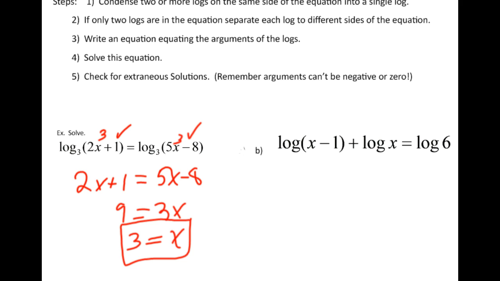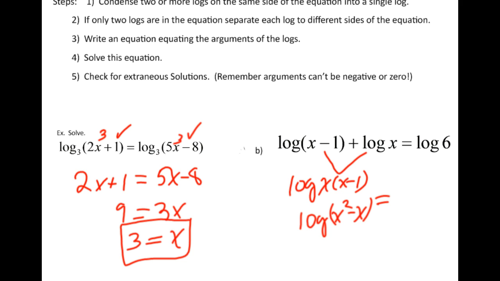But take a look at this. Isn't it true that I can condense logs when they're added? 2 logs added becomes 1 log multiplied. So couldn't I condense this left side into just the common log of x times x minus 1, which becomes the common log of x squared minus x.